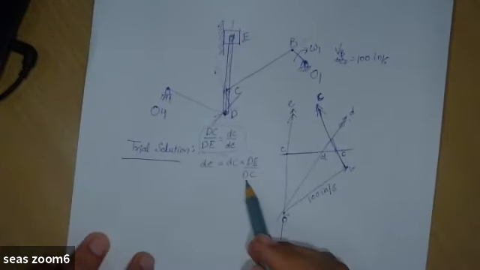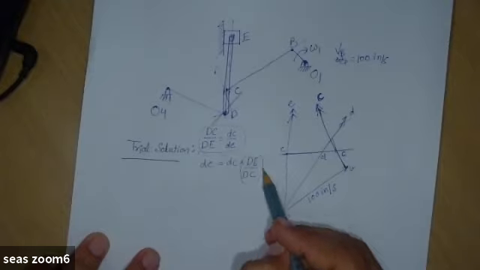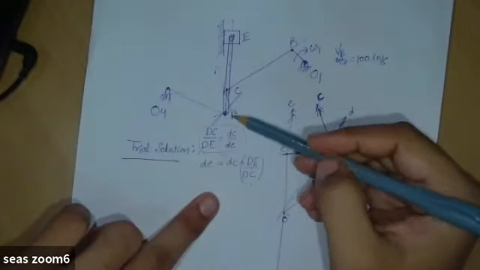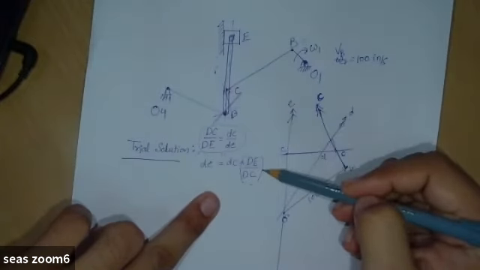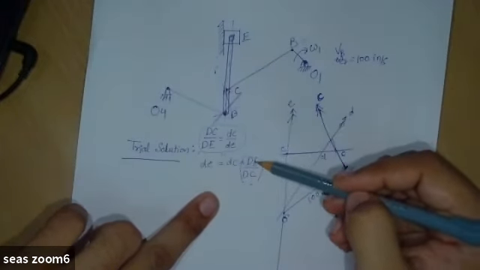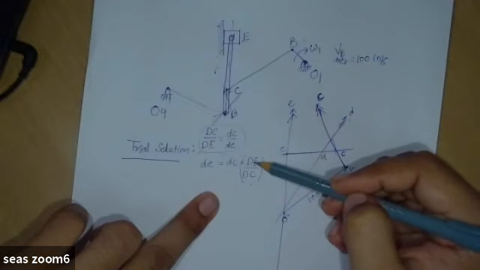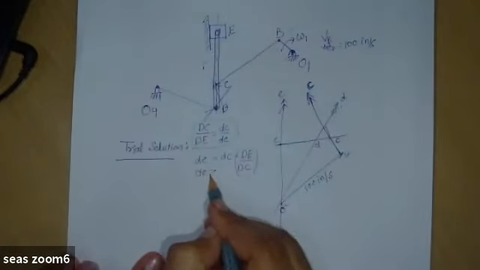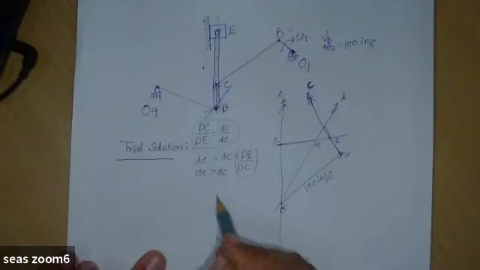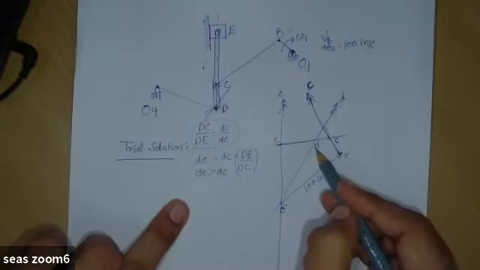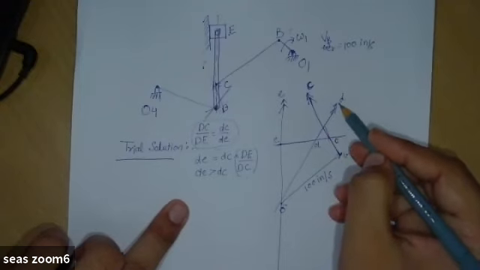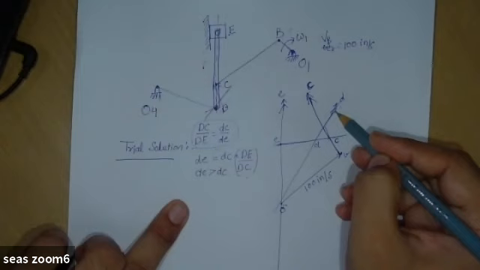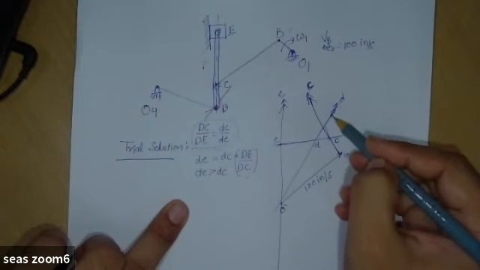So we can say that this part, dE over dC, is always more than 1. dE over dC is always greater than 1. So dE is always greater than dC. So it means that D should lie somewhere here and not here. So D, let's say D is lying somewhat here.